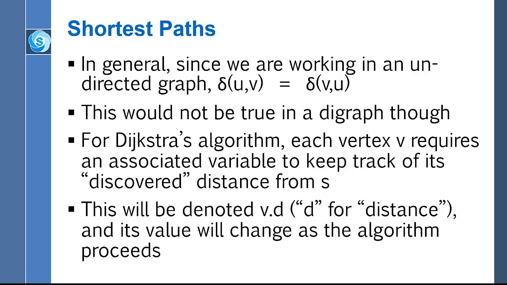But it's only going to be the distance along a shortest discovered path, right? We're only considering paths that have been discovered. The algorithm doesn't know about the entire graph, and it may be that at some moment the shortest discovered path from S to v is not the true shortest path, because the true shortest path would involve some vertices that have yet to be discovered.